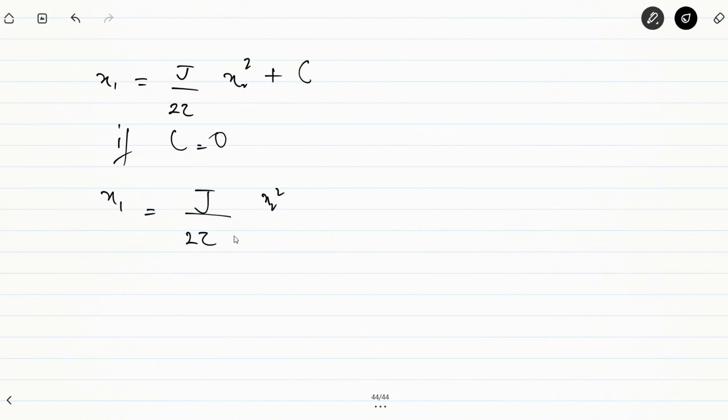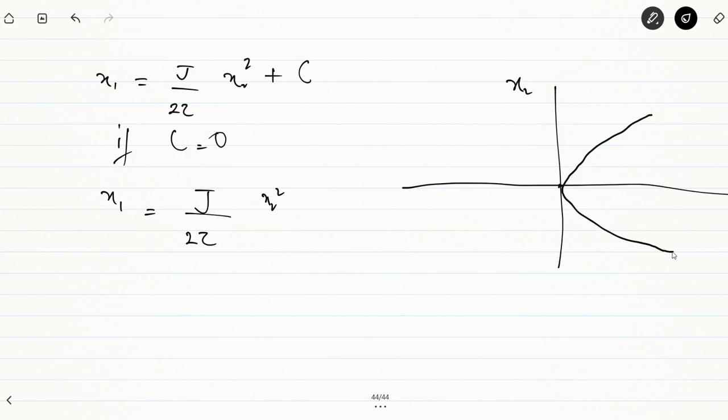So x1 versus x2 square means we do not need to plot it exactly. A rough sketch will do. This is x2, this is x1. For all positive and negative values of x2, x1 will be positive. It's an equation of a parabola, given like this.